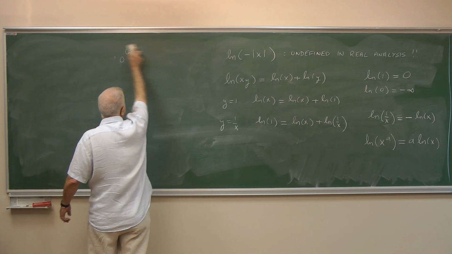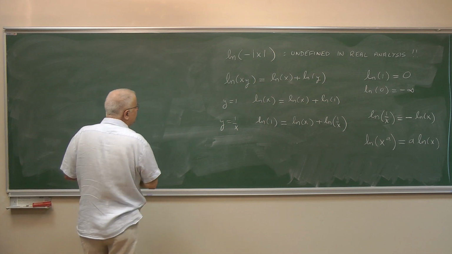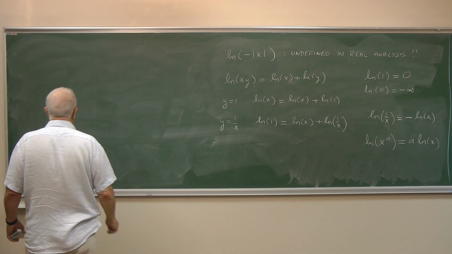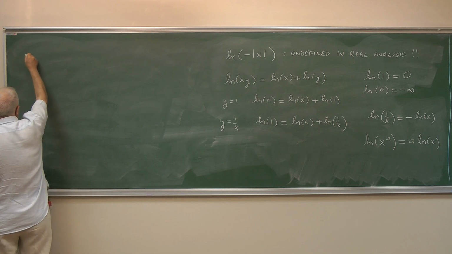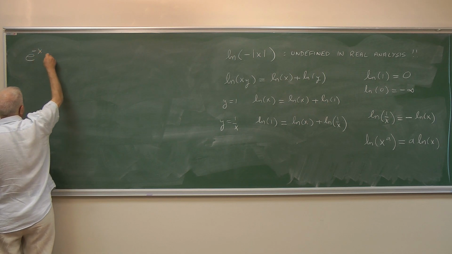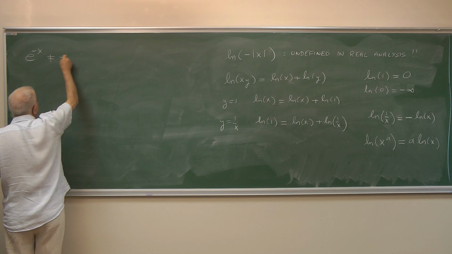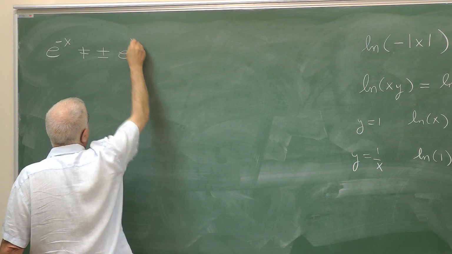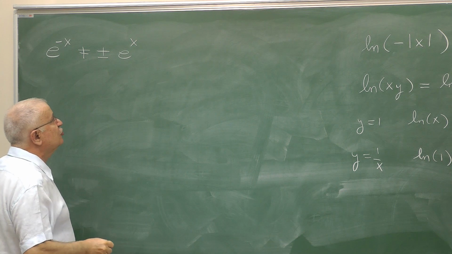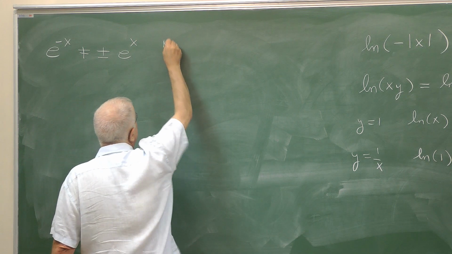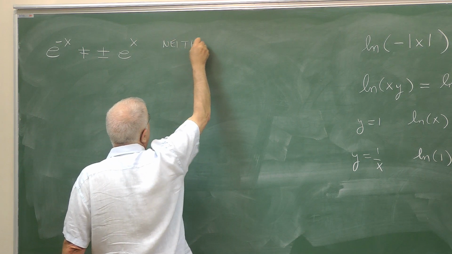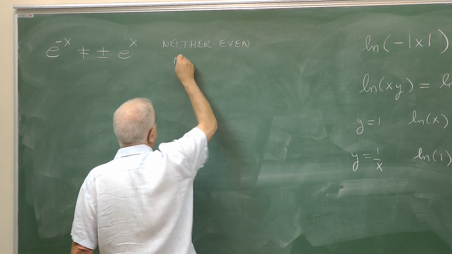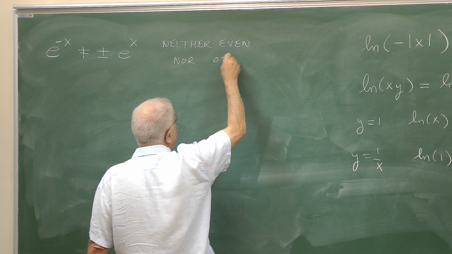E to the x is much nicer. It can take on any argument, and so on and so forth. But the problem with that is e to the minus x does not equal plus or minus e to the x. So it is neither even nor odd.